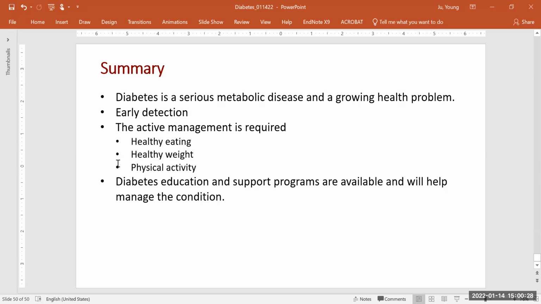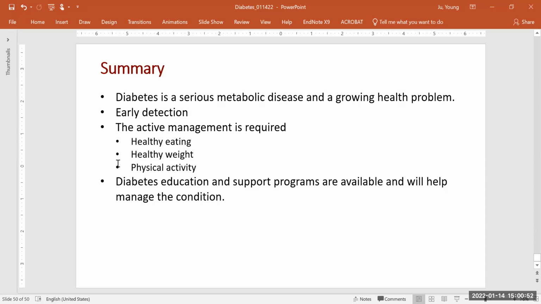The good news is it can be prevented and reversed by following a treatment plan. Early detection is really critical to manage and prevent the progression of the condition. And careful management of diabetes can reduce your risk of serious, even life-threatening complications.